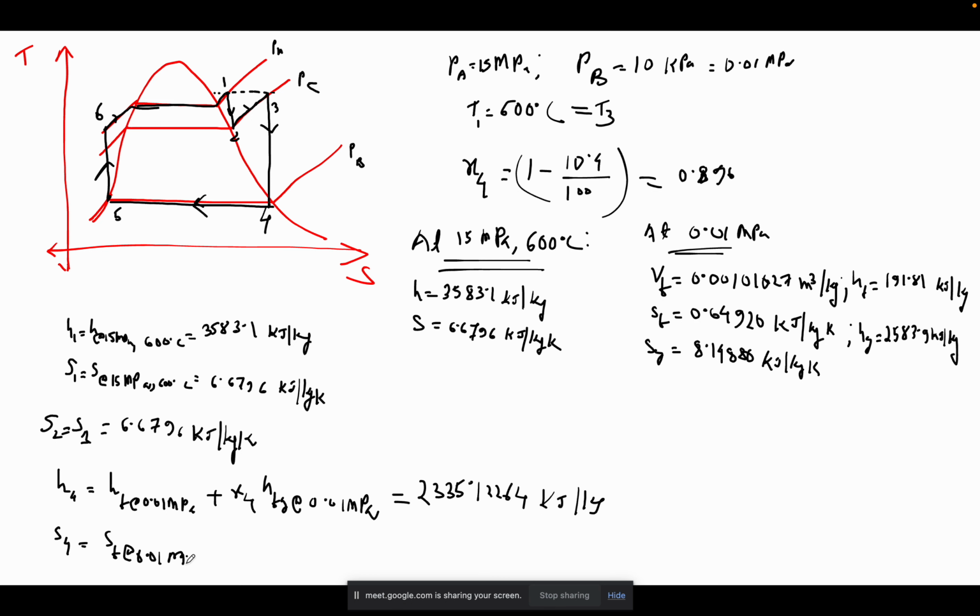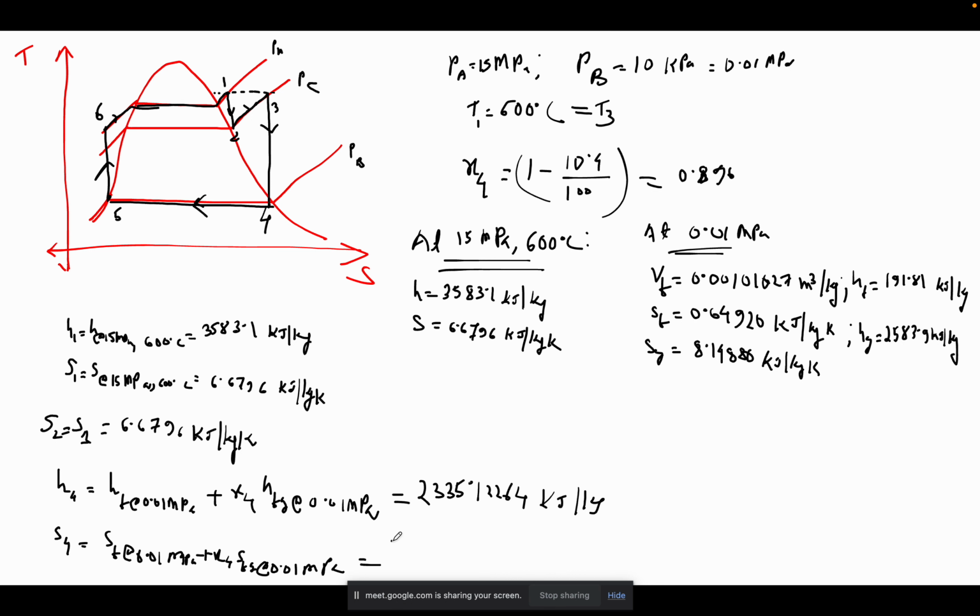Similarly, we can also calculate S4, which is nothing but SF at 0.01 megapascal plus X4 times SFG at 0.01 megapascal. Okay, 0.896 into 8.14880 minus 0.64920 plus 0.64920.